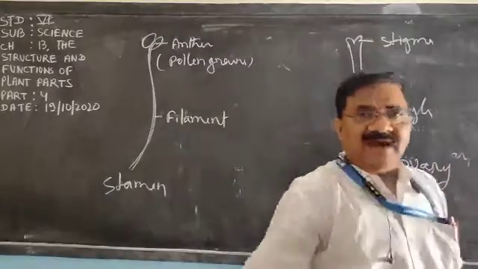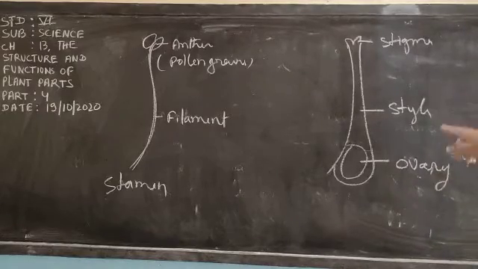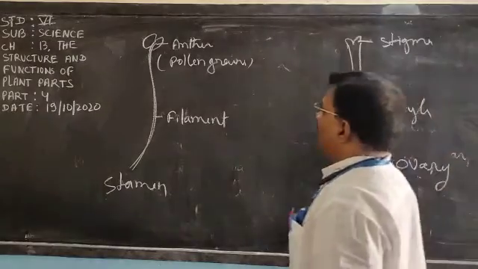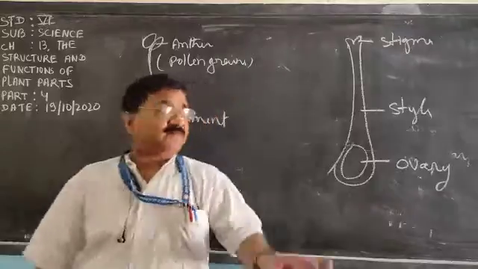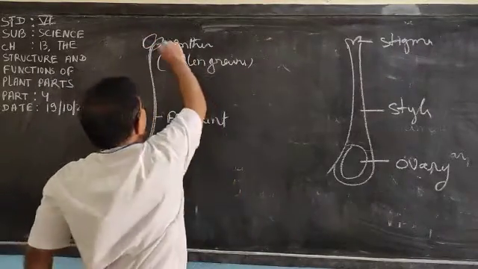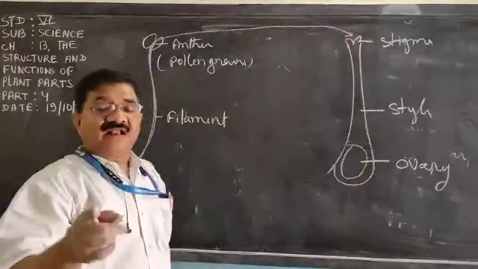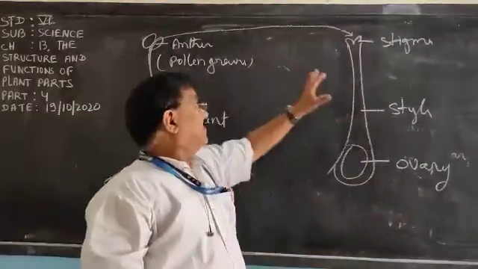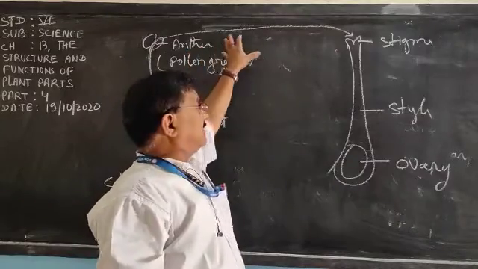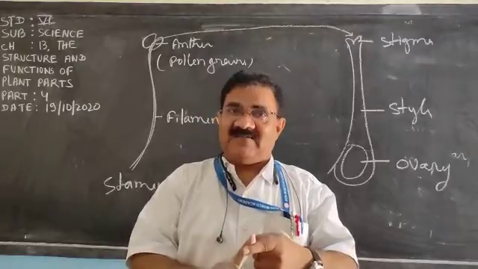So 3 female parts are there: stigma, style, and ovary. The pollen grain which is present in the anther is transferred to the stigma. That is, transfer of pollen grain from the anther of a flower to the stigma of the same type of flower.